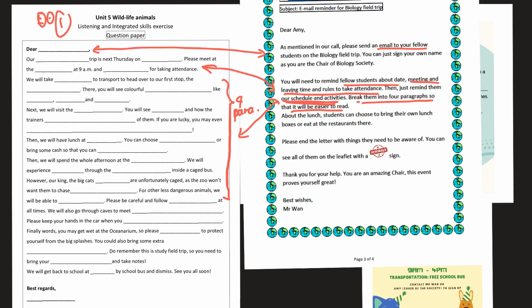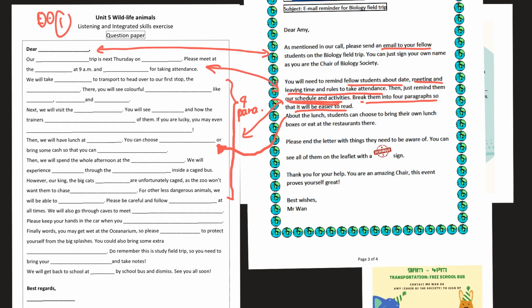Okay, so next, about the lunch, it's somewhere here. And then you will end the letter with the things they need to be aware of. So here, aware of means, take a look, be careful, things that you need to be careful of.